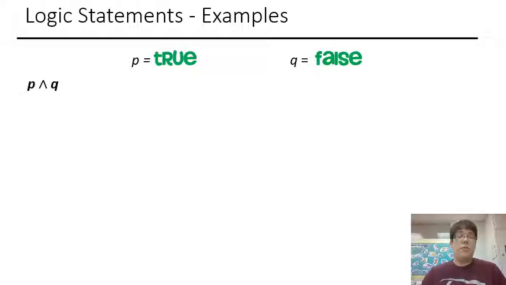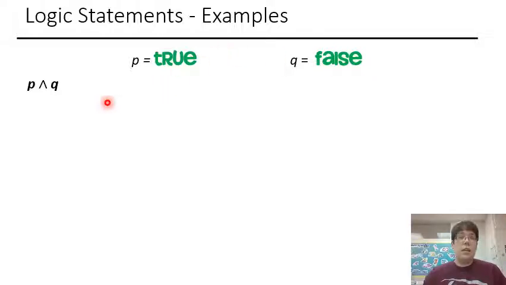Okay, so the first one, and this is just kind of a recap, is let's look at P and Q. Do you remember what this means? Is it "and" or "or"? It is "and." So in this case, I'm telling you P is true, Q is false.